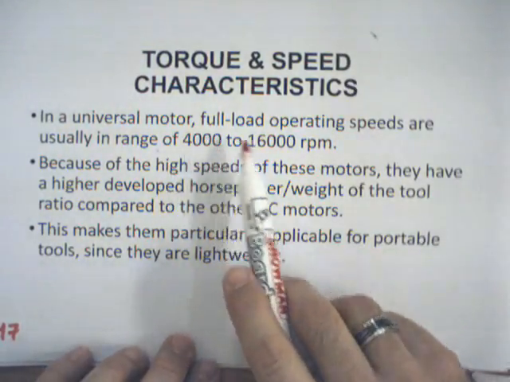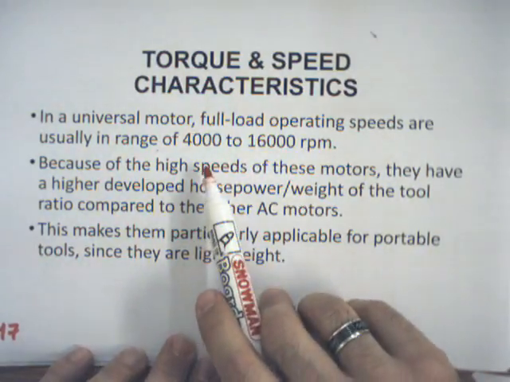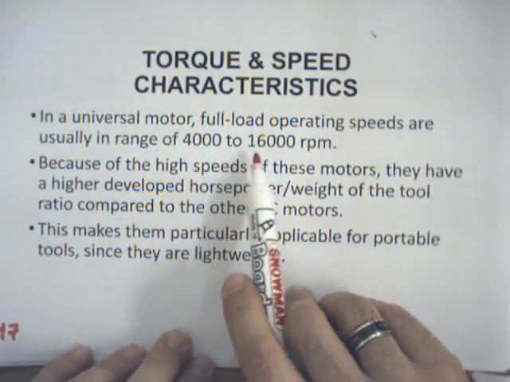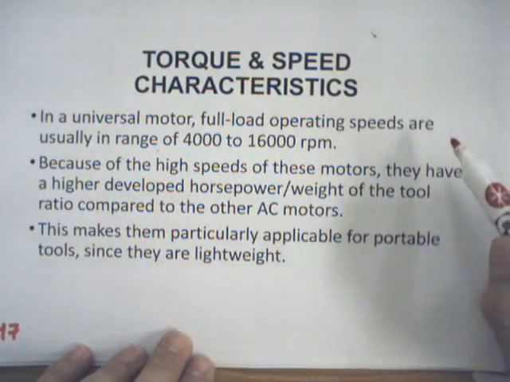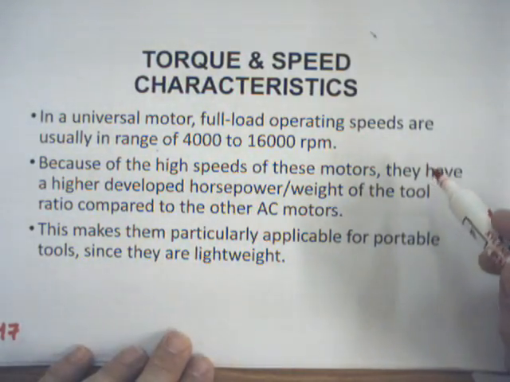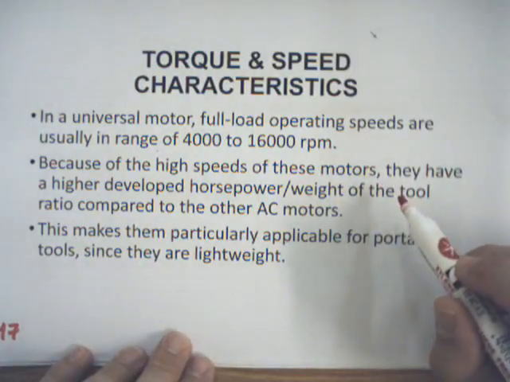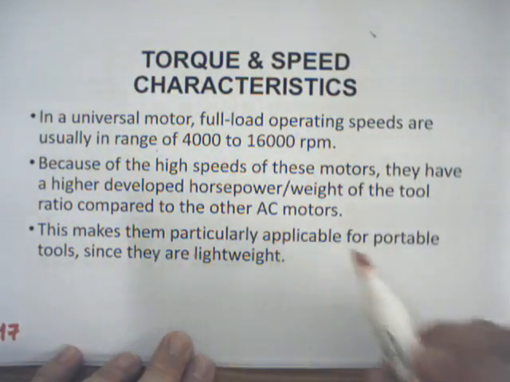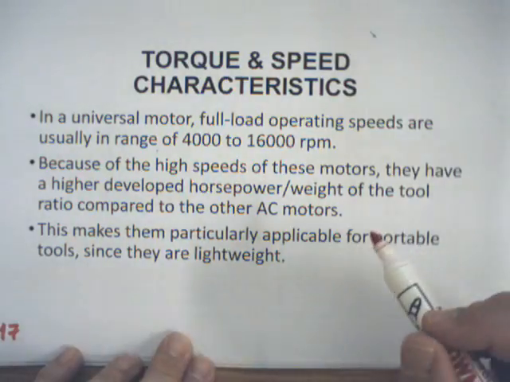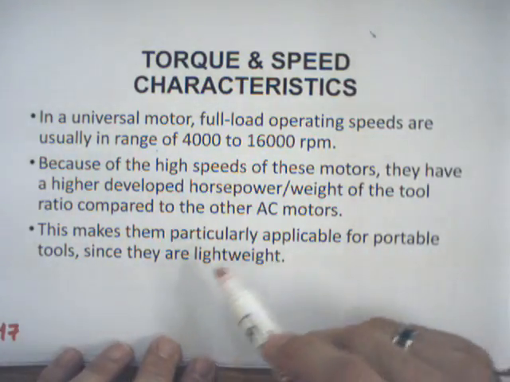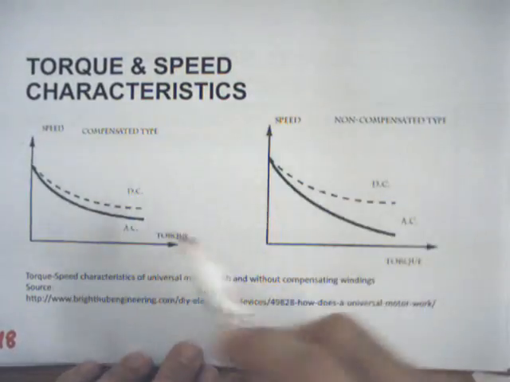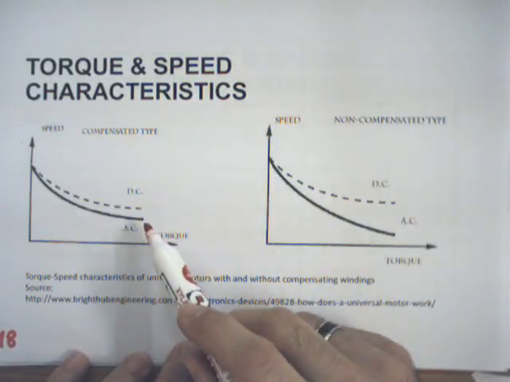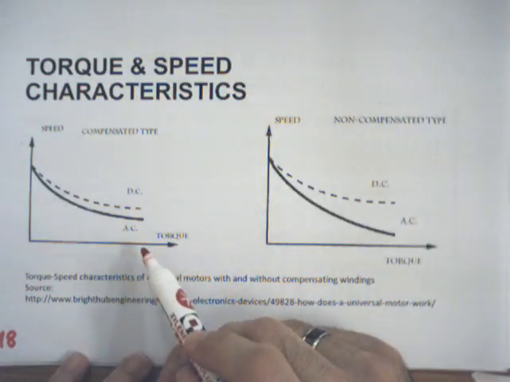In a universal motor, full load operating speeds are usually in the range of, say, 4,000 to 16,000 RPMs. Because of the high speed of the motors, they have higher developed horsepower per weight ratio compared to other AC motors. This makes them particularly applicable for portable tools since they are lightweight. The torque speed characteristics of similar machines are given as above.